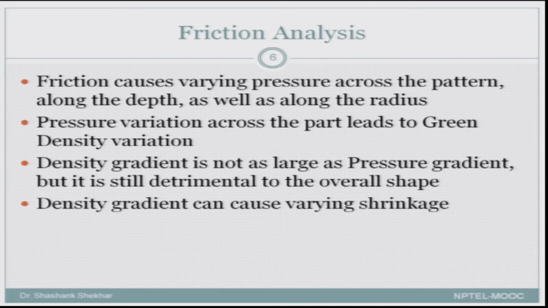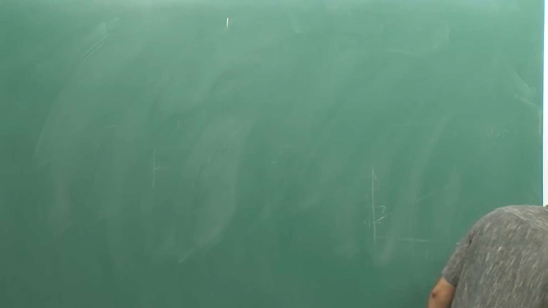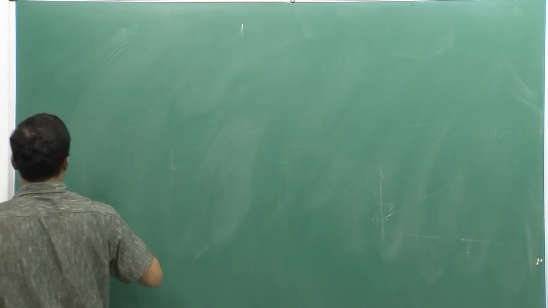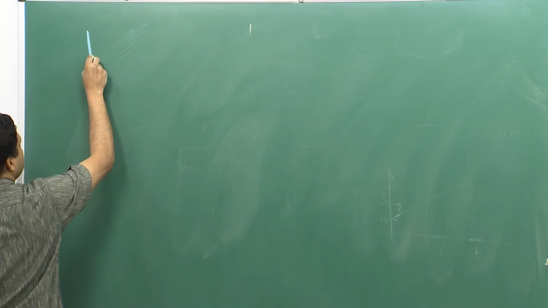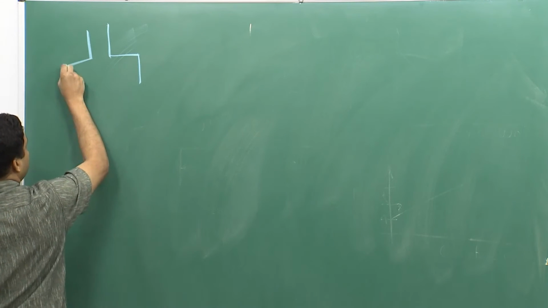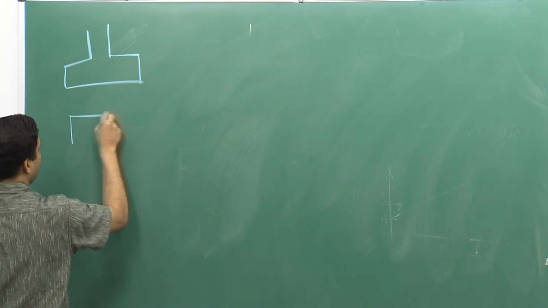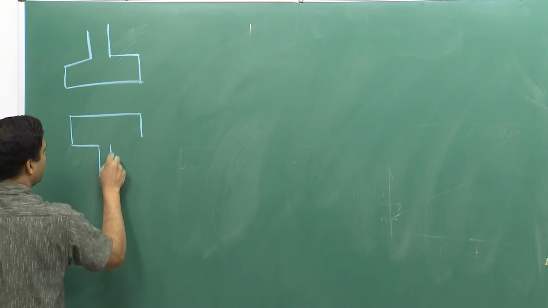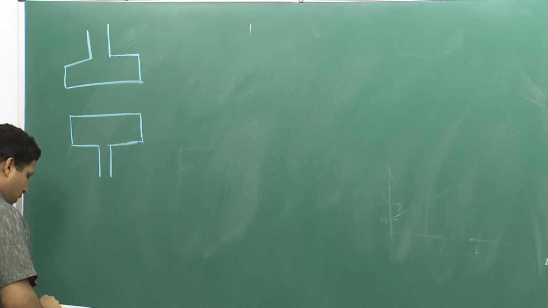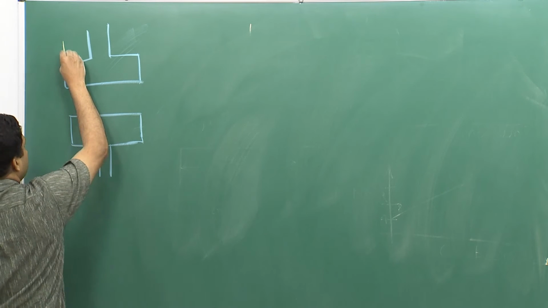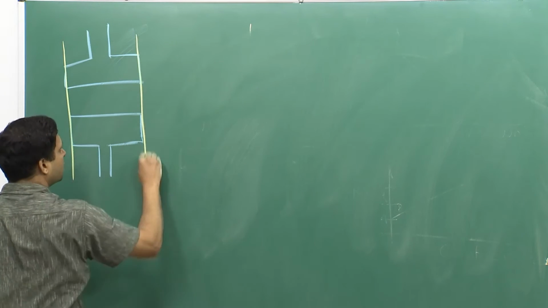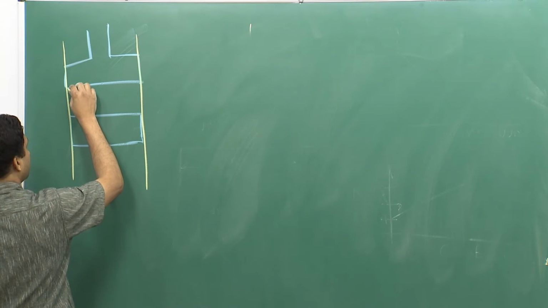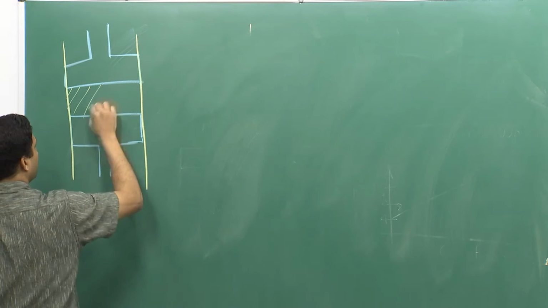We will assume a simple process where we are just compacting something like a tablet. So, for our simple case, we have something like this. These are our pistons, and in between the pistons is our powder. So, this is where your powder particles are.